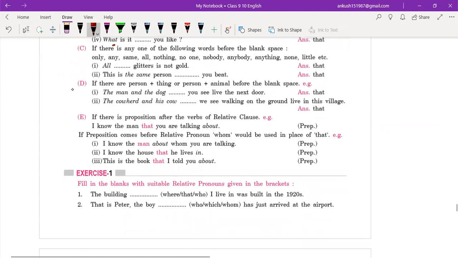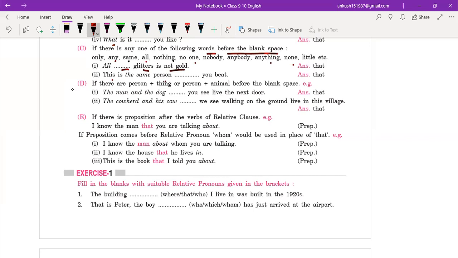If there is any one of the following words before the blank space: only, any, same, all, nothing, no one, nobody, anybody, anything, none, little, etc., that time we use that. Like all that glitters is not gold. This is the same person that you beat.